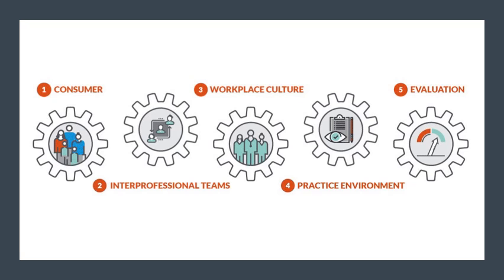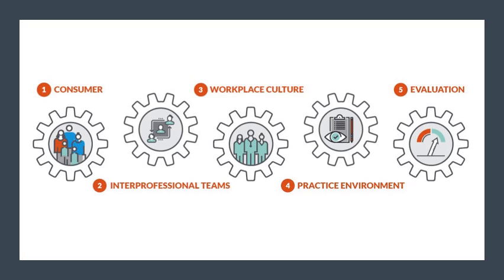This picture right here is from the ANA's nurse staffing guidelines, and it also tries to get you to look outside of just patient acuity. So here we look at the consumer, and that's our patient. That would be the traditional acuity that we look at, how much time and effort to care for that patient.